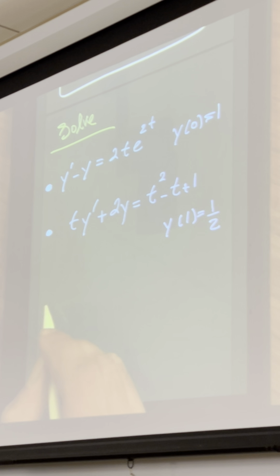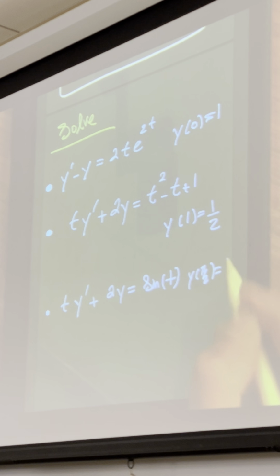And then t y prime plus 2y equals sine of t, y at pi over 2 equals 1. So these are three initial value problems.